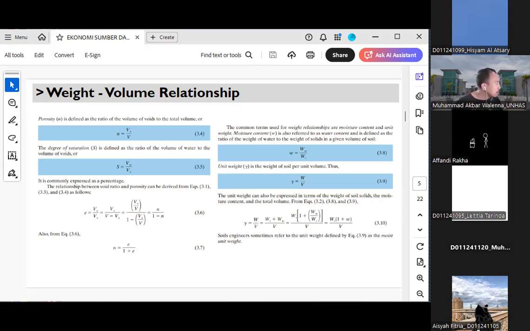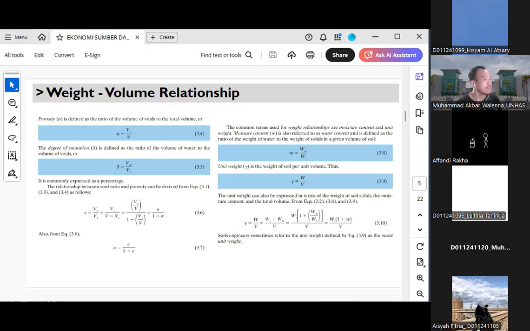The second one is the degree of saturation. The formula is volume of water divided by volume of voids. So what does the degree of saturation actually tell us? It tells us how much of the void space is filled with water.